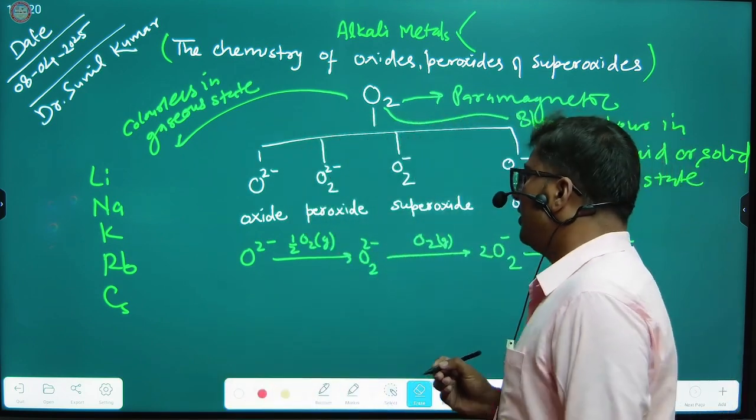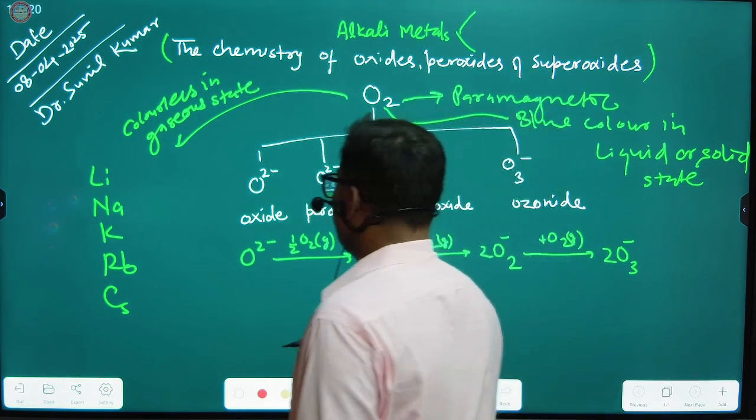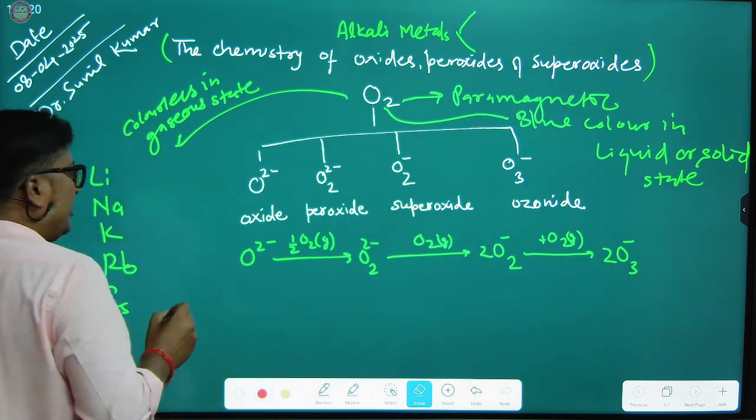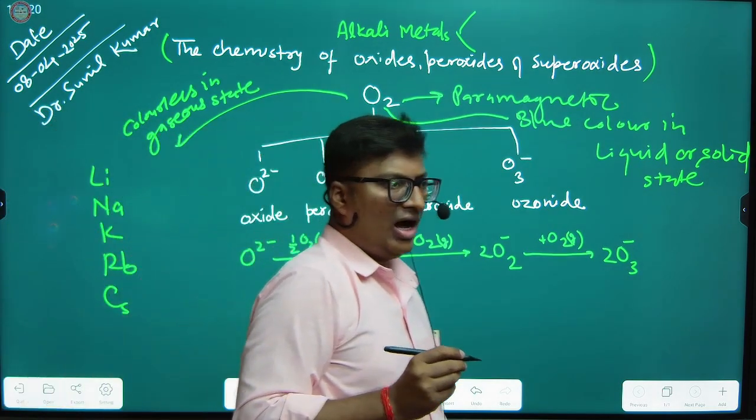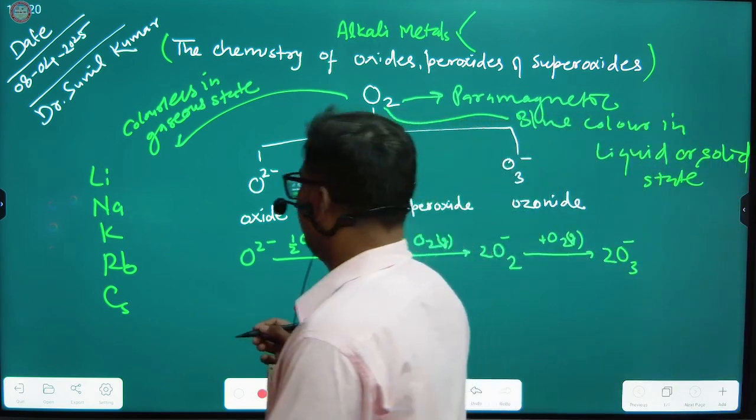It is due to the presence of one valence electron in all alkali metals that they are highly reactive, right?